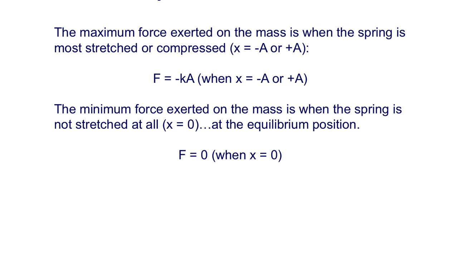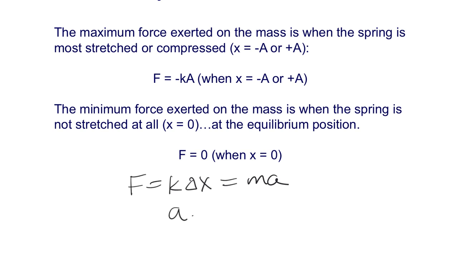To find what the acceleration is at any point, you do force equals k delta x. I'm just going to disregard the negative right now because that's just a direction thing. It doesn't change the value. That also equals ma, because it's a net force.